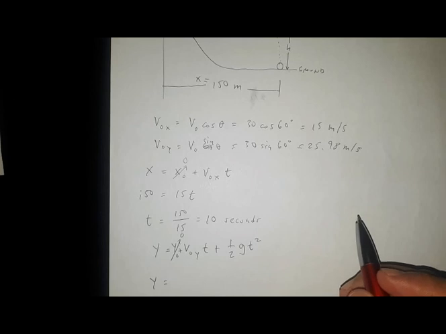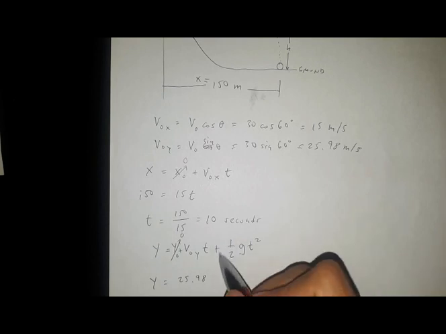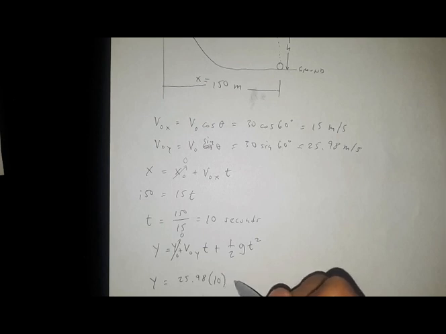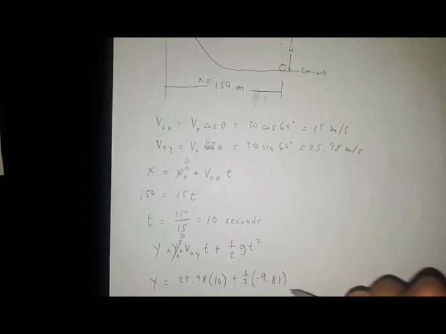So we have y equals Voy is 25.98 multiplied by t is 10 plus 1/2 times negative 9.81 times t, or the 10 squared.